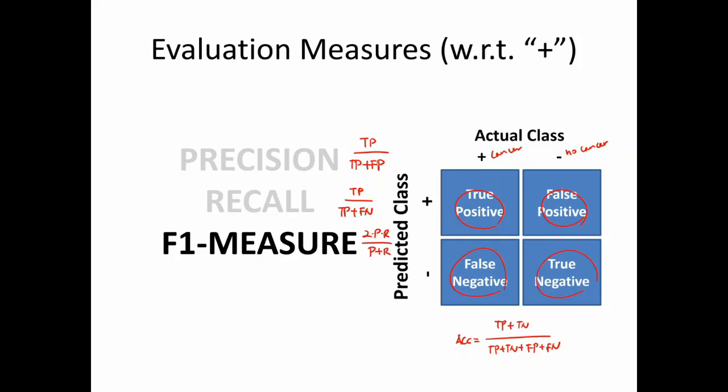And a more general version of F1 measure is F beta, where the equation is 1 plus beta squared times P times R over beta squared times P plus R. And beta here could be as small as 0 and can go up to infinity.